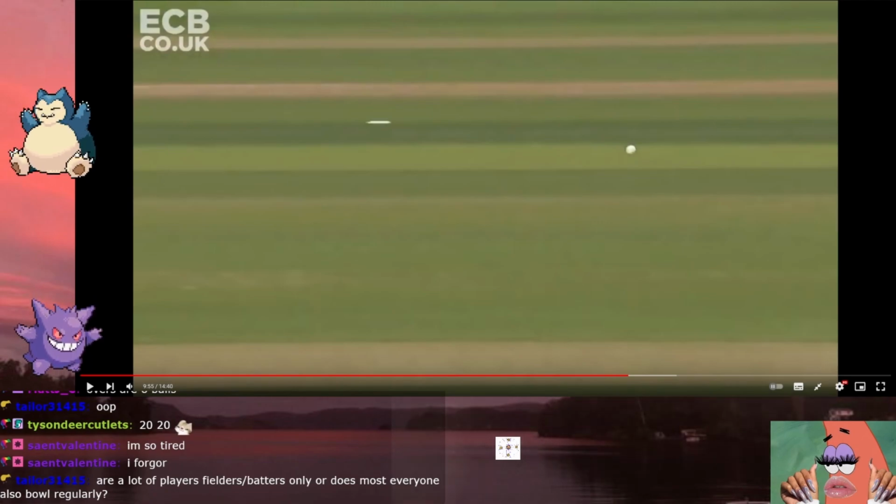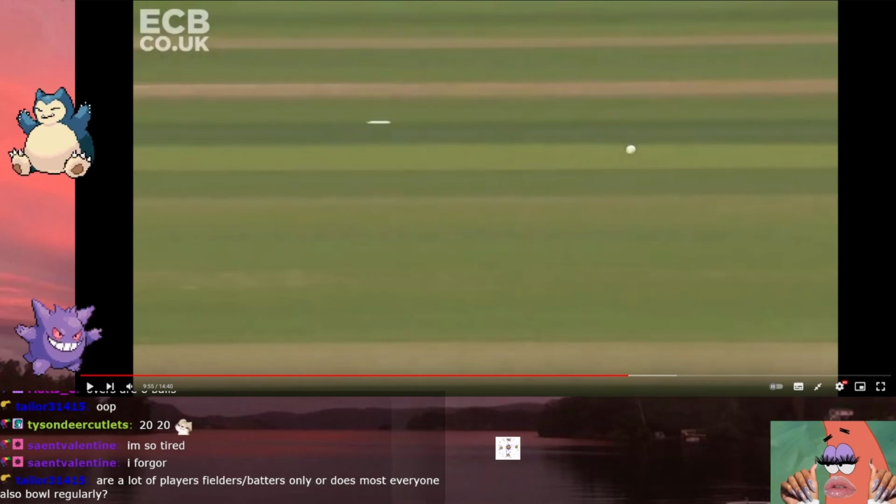Whether that means they're a wicketkeeper and a batsman, or a bowler and a batsman, they will be expected to contribute not only with the bat, but also with either the ball or by being the wicketkeeper. In that case, your expectation to deliver with the bat isn't necessarily as high, because you're also doing another job. Some wicketkeepers are incredible batsmen, though, so that rule doesn't always apply, but often does.